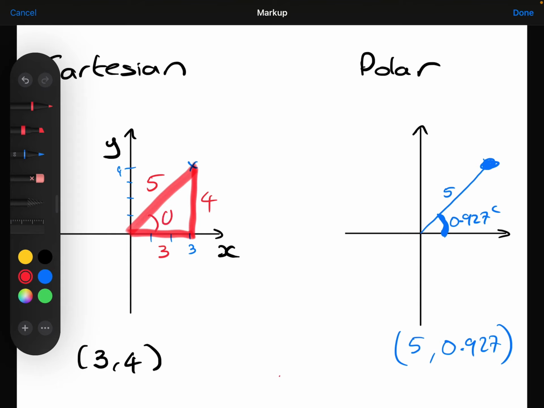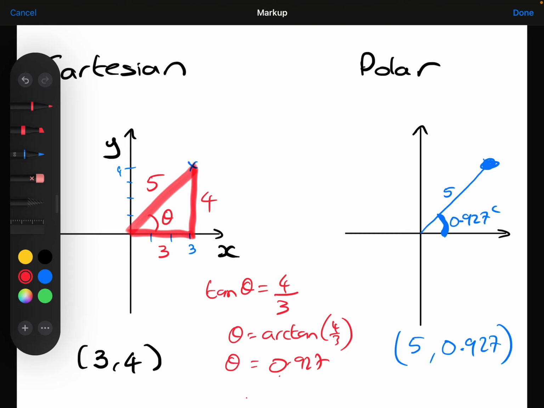To get this angle I can do some trigonometry: tan theta equals the opposite divided by the adjacent, and then I take the inverse tan of both sides to get 0.927. So that's where I got those numbers from.